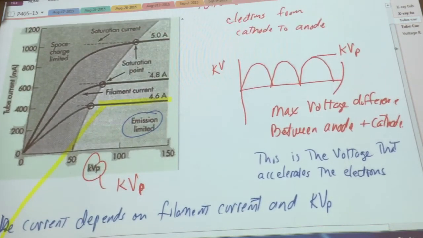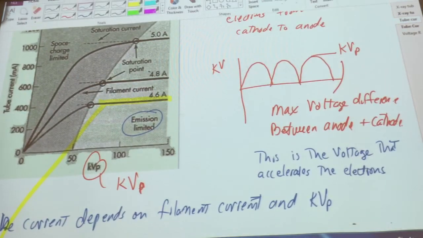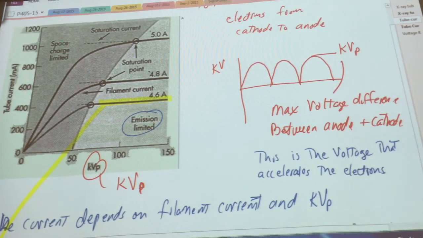And then the harder one, well, I don't know if it's all that much harder, but I find it kind of an odd thing to think about, is the space charge limited region. What is happening there? If you have too many electrons, negative charge, then the electrons can't flow, like they block the flow.